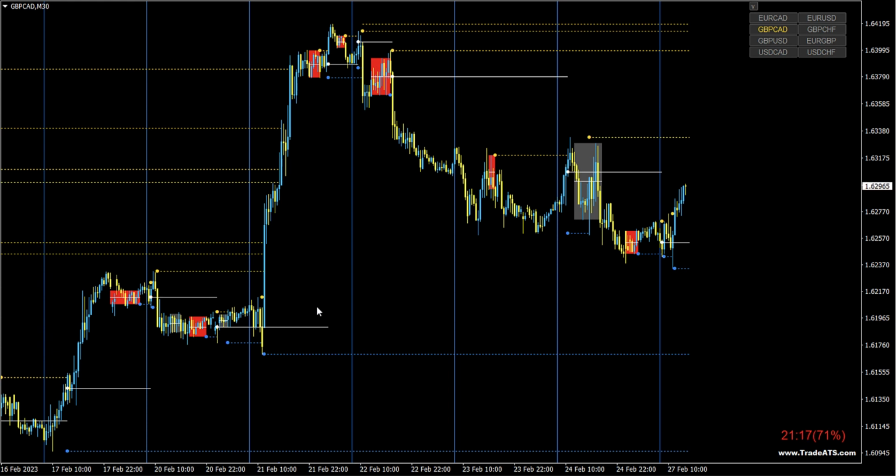Now, I will be explaining one of the setups of this indicator. So I will take, for example, the London session, and I will take some examples of different pairs. Okay, let's start with the GBP CAD, so it's open anyway. So I would be looking for the first signal after the session will start.